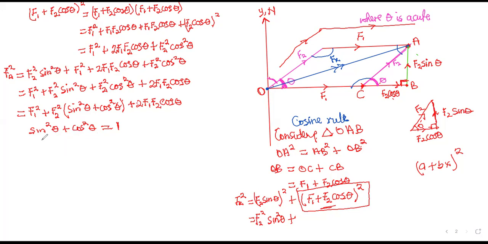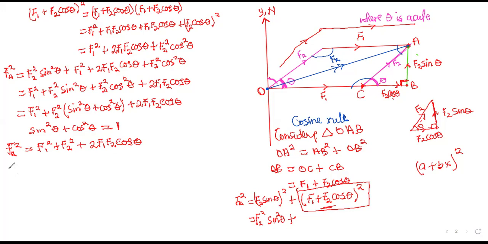So because the square of this plus the square of this is equal to 1, when we put everything within the equation, we have F1 squared plus F2 squared times 1 plus 2F1 F2 cos theta.